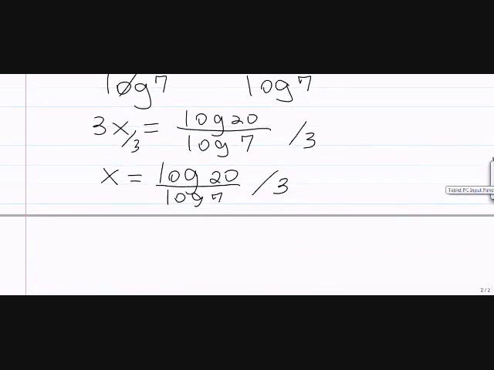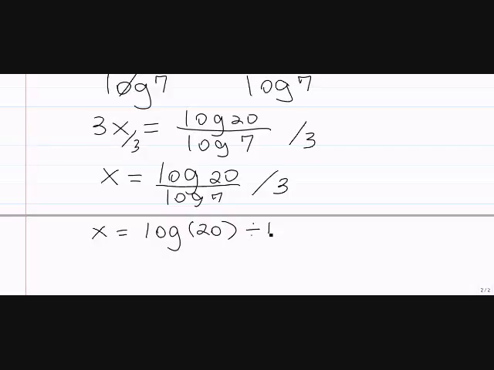Let me show you how you put this in your calculator. This is an exact answer here. In your calculator, you would go log. When you hit the log button, it automatically puts up a parenthesis. You put in the 20 and be sure to close the parenthesis.